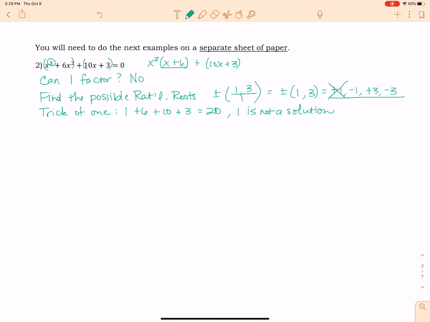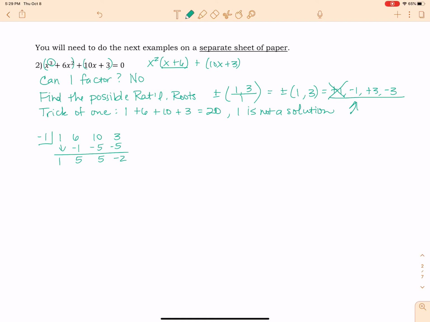Well, now I'm going to look at my list here, and I'm going to try the next number. So I'm going to use synthetic division to see if negative 1's a solution. Let's make sure Miss Griggs did her math right.